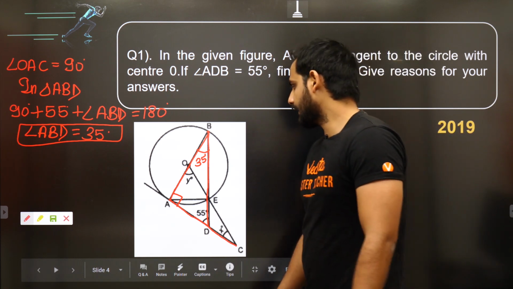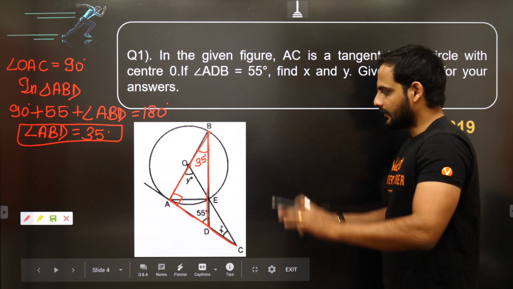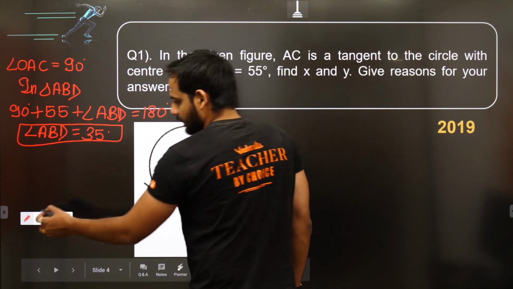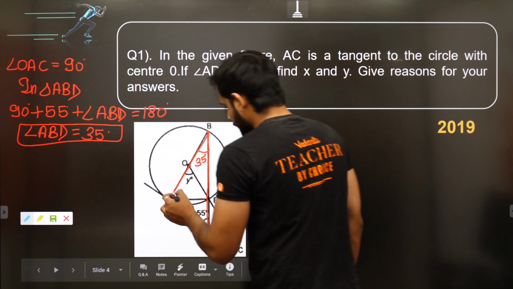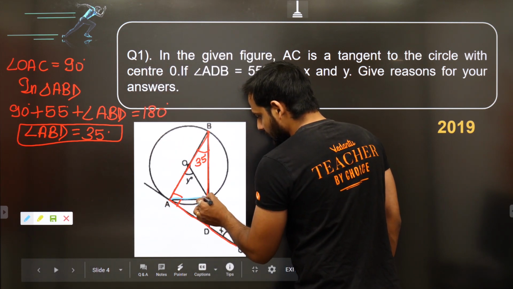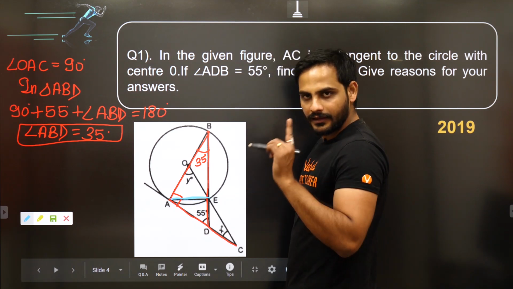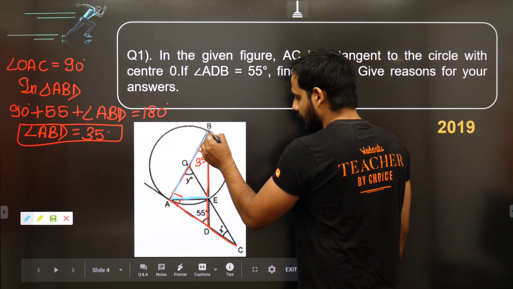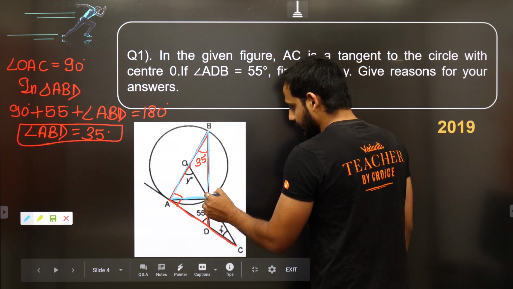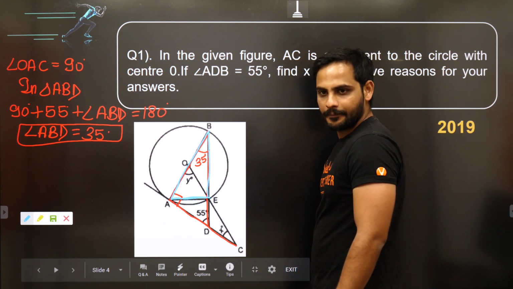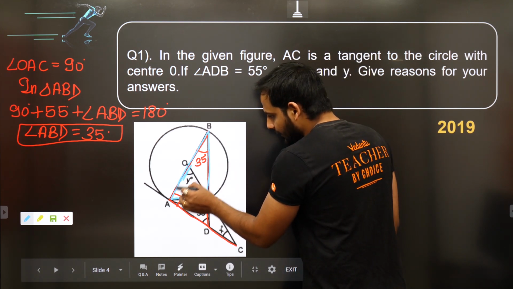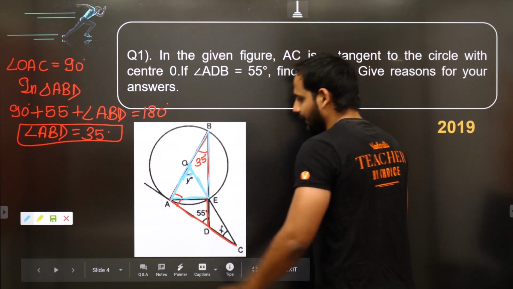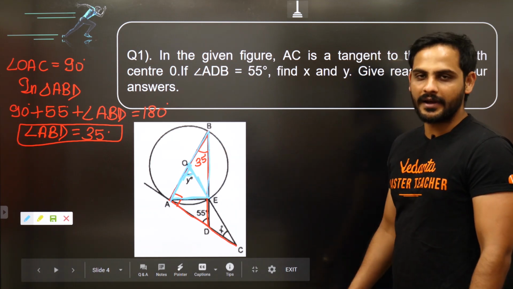Now if we have got that angle as 35 degrees, I want you to observe one thing very clearly, beta. Just see here: AE is a chord, and the angle subtended by AE at the circumference is 35 degrees. So the angle subtended by a chord at the center, this is Y, should be equal to double the angle subtended by it at the circumference.